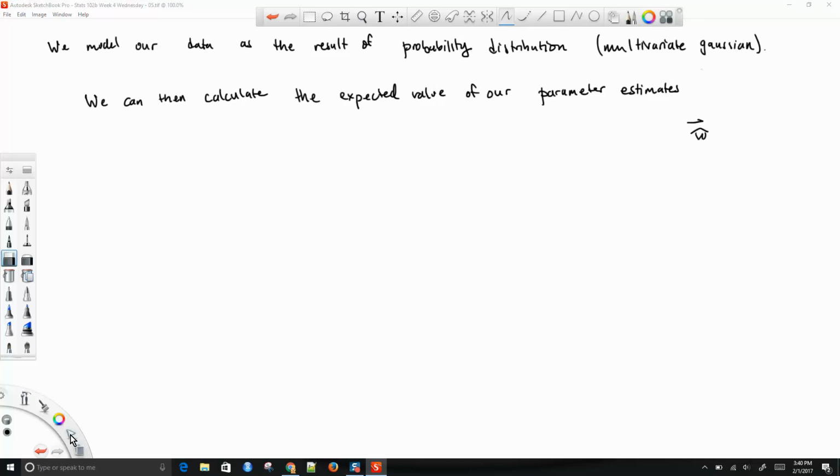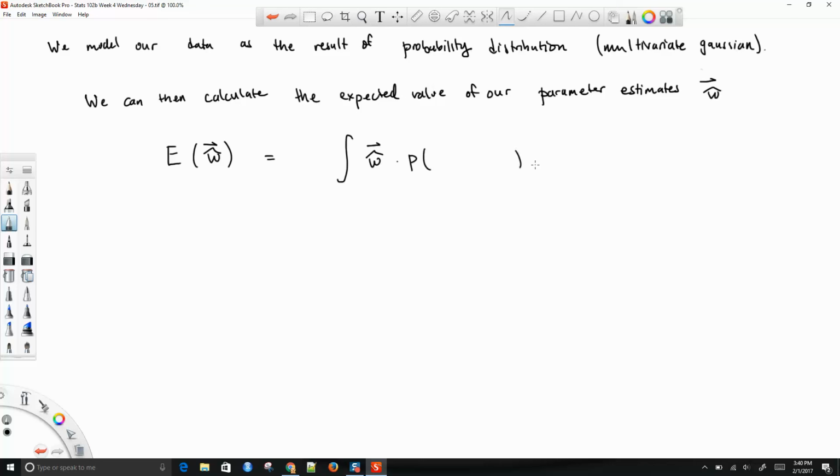Okay, so we can model the expected value of this thing. The expected value of this thing, well, we have to do the integral of w hat times the probability, dt, et cetera.